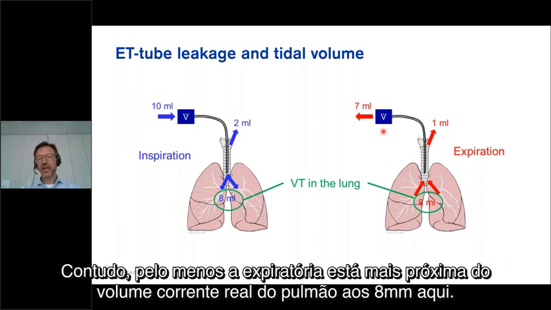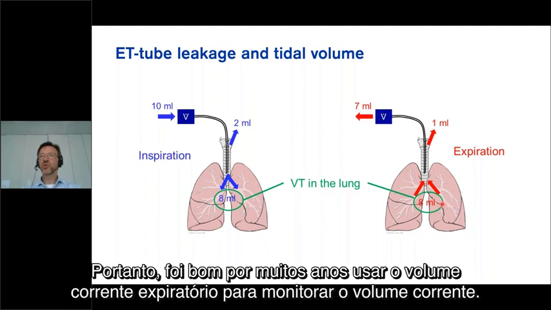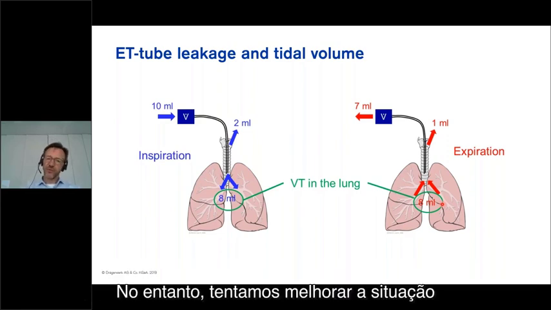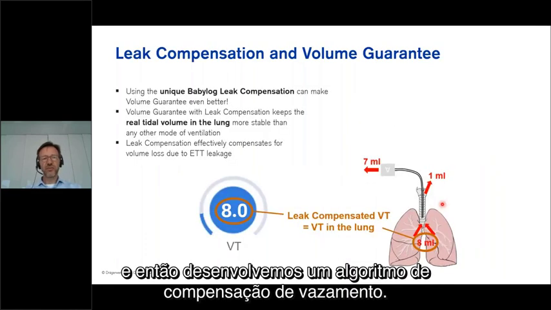But at least the expiratory one is closer to the real tidal volume in the lung, to the 8 milliliters here. Therefore, it was good for many, many years to use the expiratory tidal volume for monitoring of the tidal volume. However, we tried to improve the situation, and so we developed a leak compensation algorithm.